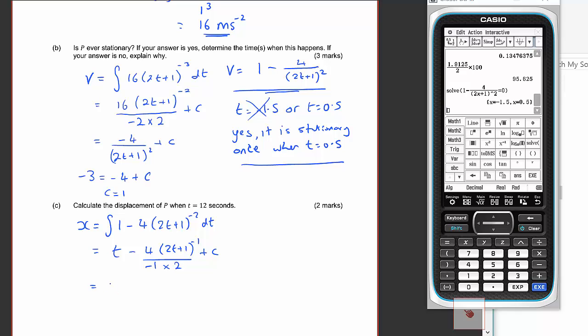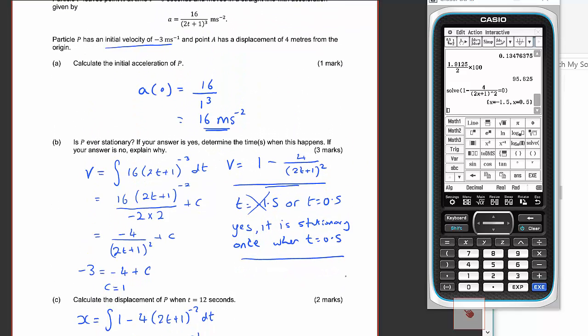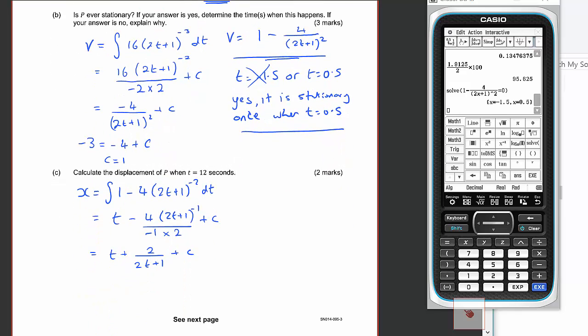So that's going to be t plus 2 over (2t plus 1) plus a constant. Now back here we're told that x is 4 when t is 0. So 4 is going to be 0 plus 2 plus c, which means c is equal to 2. So x is going to be t plus 2 over (2t plus 1) plus 2.